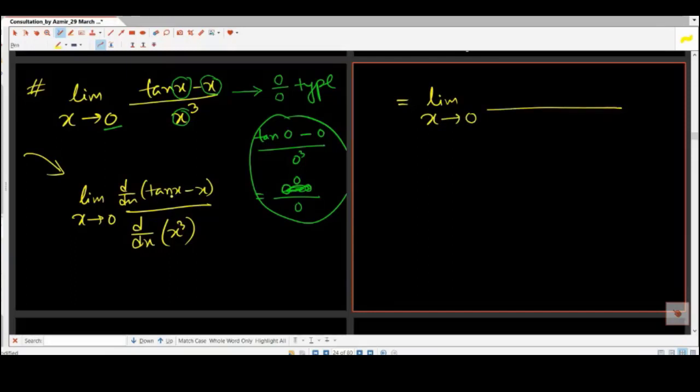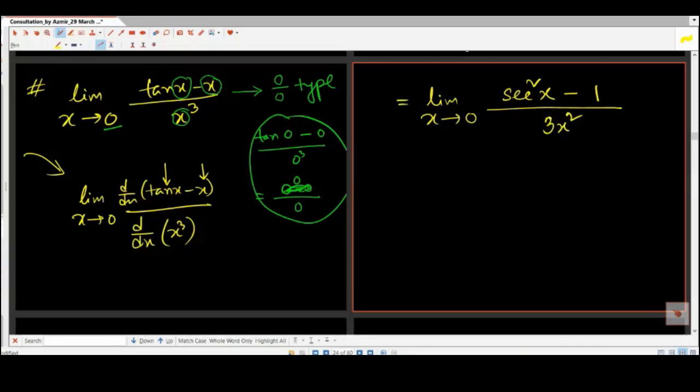Now we know that the differentiation of tangent of x is secant squared x. Differentiation of x is 1, and here we have a negative sign. In the denominator, differentiation of x cubed is 3x squared.